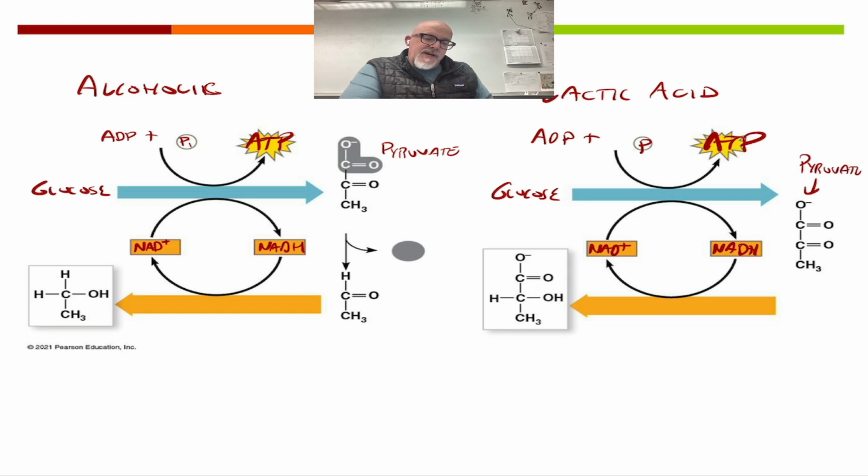So this is where they diverge, right? Between alcoholic and lactic acid. In alcoholic, we're going to pull off that highlighted CO2, and we're going to be left with this right here. There's a name for it. Don't have to worry about it. What we care about is that this will then empty the NADH, and the NAD plus becomes empty.